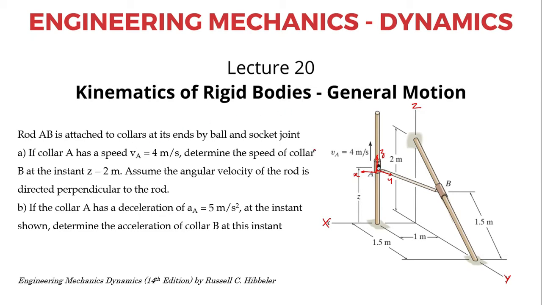First is to study the motion of the secondary reference frame small xyz relative to capital XYZ. So I'll write it here: motion of the secondary reference frame xyz relative to capital XYZ. Here we'll be interested in finding the velocity and acceleration of the collar.